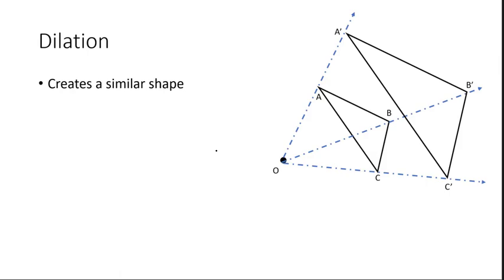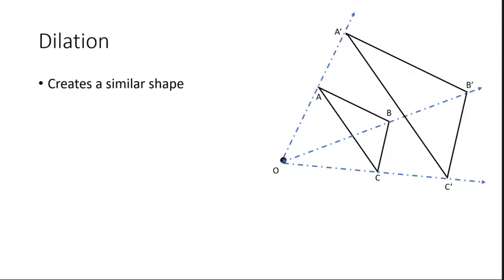For example, right here, we see this original triangle, ABC. If you take a point, like right here, and construct rays going through each vertex, we can construct our similar shape by taking each point and putting it on these rays that we have created.